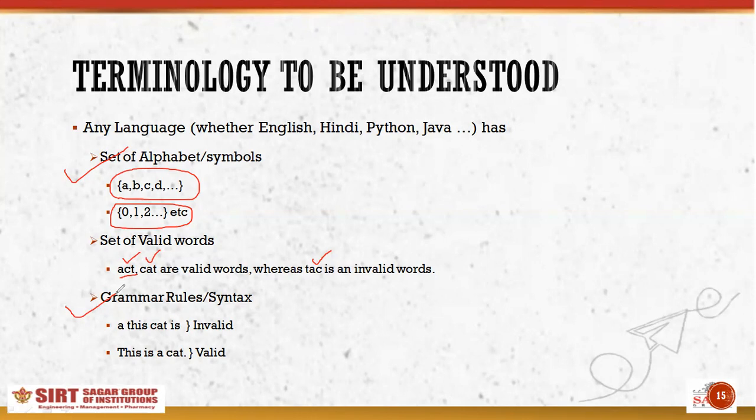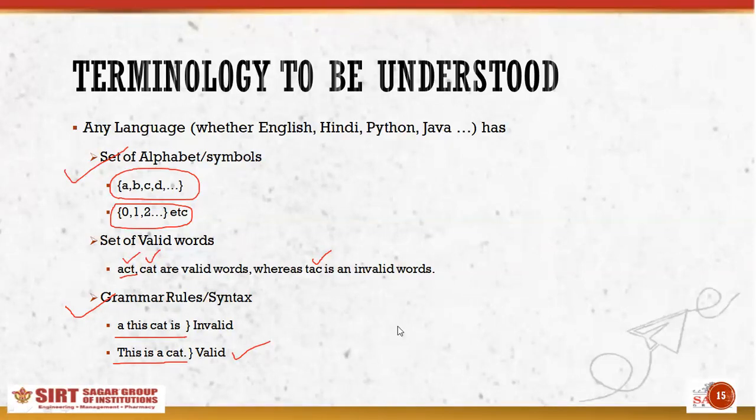If we do not write a sentence like that, it will not have any meaning. Like if I write a sentence like this, "this cat is", it does not have any meaning because it is not following the grammar rule of subject plus verb plus object. But if I write "this is a cat", then you can see it does have a meaning because we are following some grammar rules.